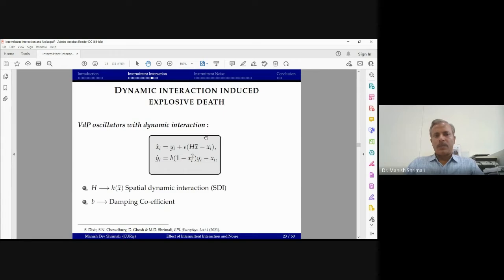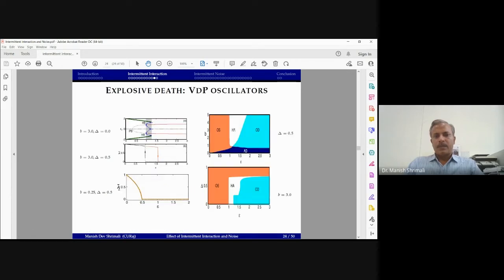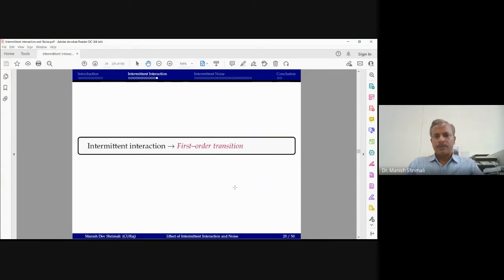So for that we have considered the van der Pol oscillator, and with the same spatial dynamic interaction function H. I will not go into the detail, but you can see that you can observe this first order transition from oscillator to the OD state, in this case, in this parameter space.